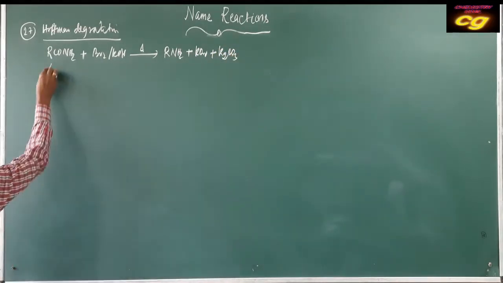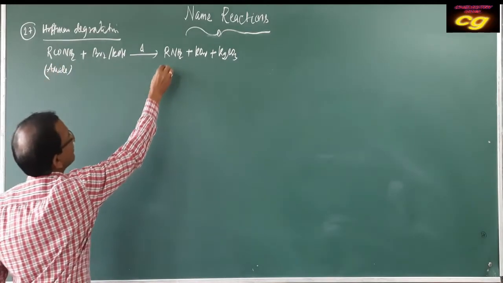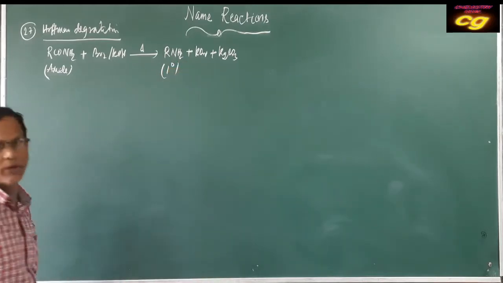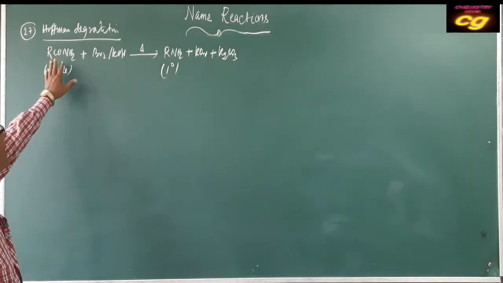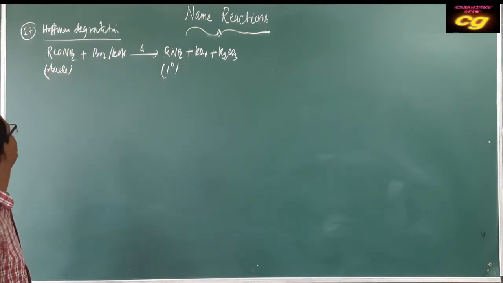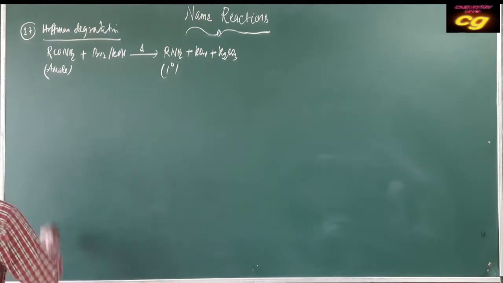Here amide converts to amine, primary amine, mainly primary amine. This is called Hofmann degradation. This is very important to prepare lower amine from amide by decreasing one carbon, as in descending order.